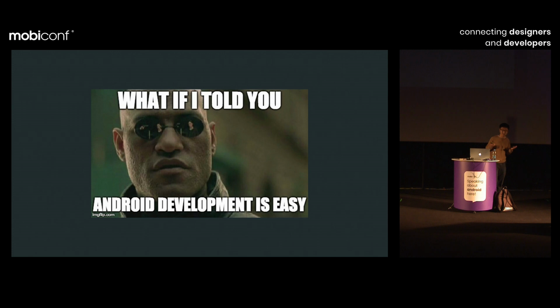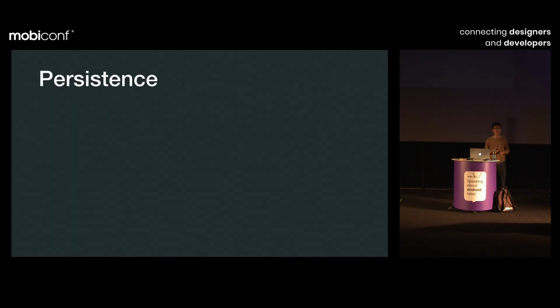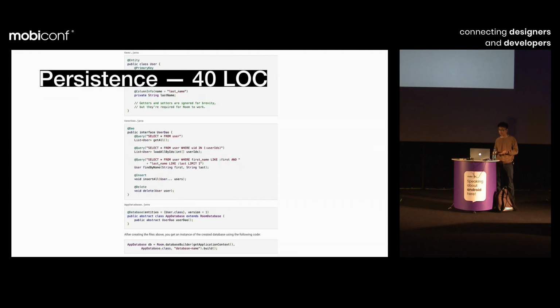So it's already 2018. Over the years, the Android community developed many great libraries that make Android development easy. HTTP is easy. With Retrofit, it only takes 10 lines of code to build an HTTP client. Persistence is also easy.